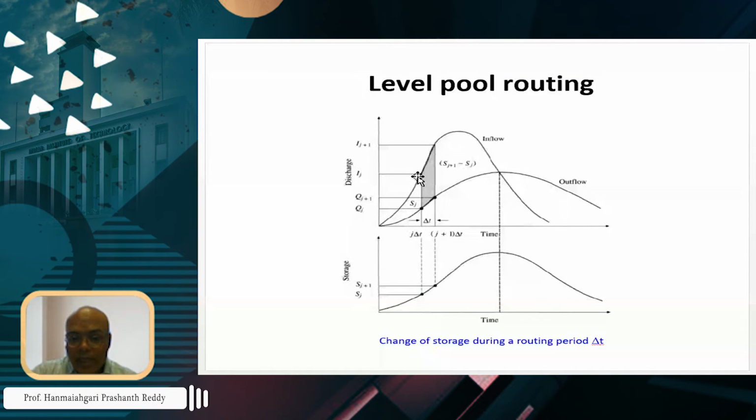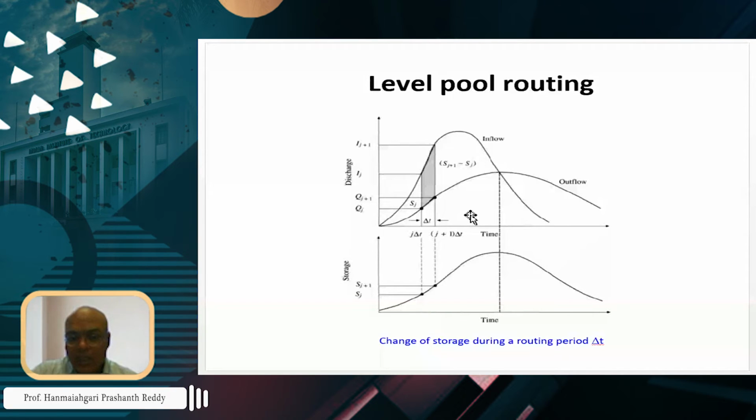So at time j, the storage is Sj. Then at j plus 1 time interval, inflow is Ij plus 1 and outflow is Qj plus 1, and storage is Sj plus 1.